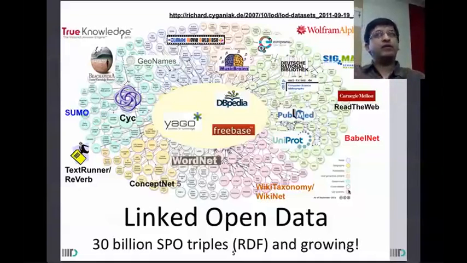That's one kind of construction issue that people are facing. In fact, Yago, DBpedia, Freebase, TextRunner, Cyc, these are all efforts focused on that aspect, where you have text and you want to extract it into some structured form.